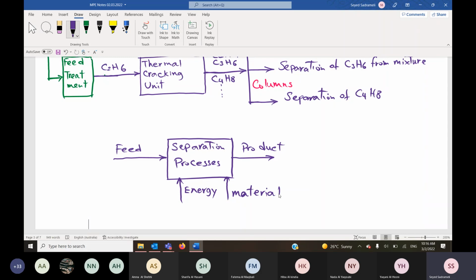So this is called external agency for the separation process.